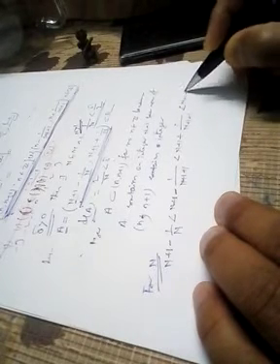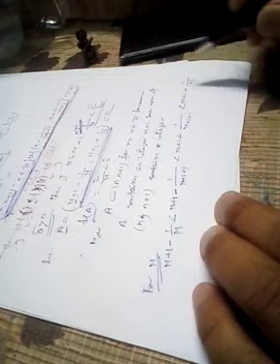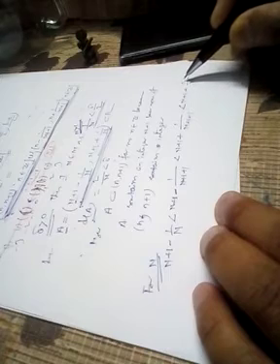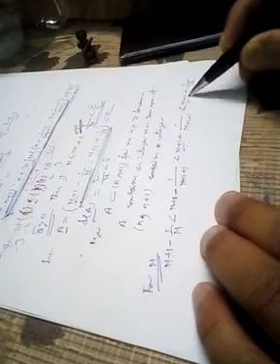And this is less than n plus 1 plus 1 by n, because this is now larger than this. So a larger quantity is added to the same n plus 1.